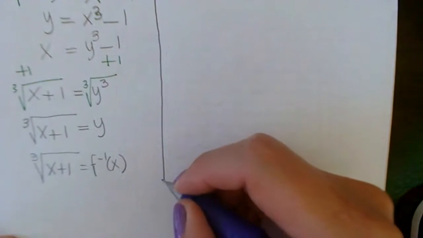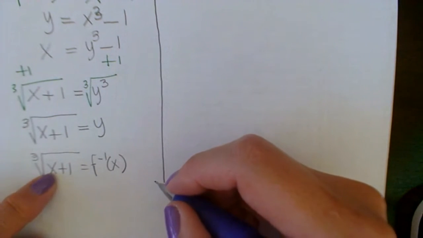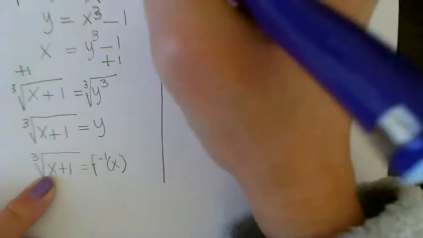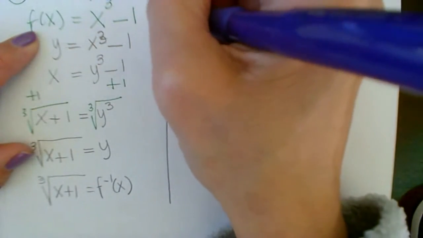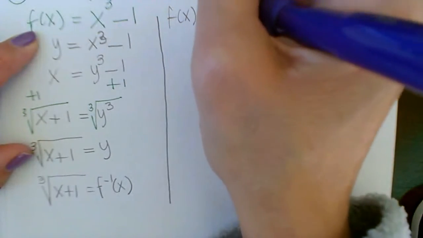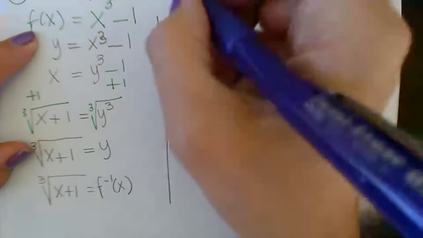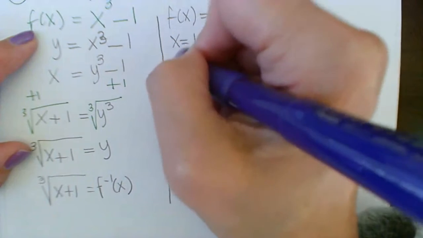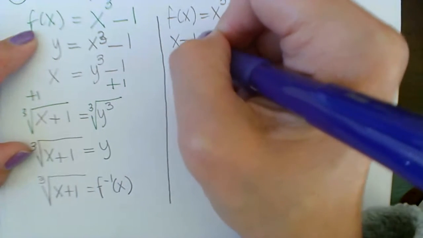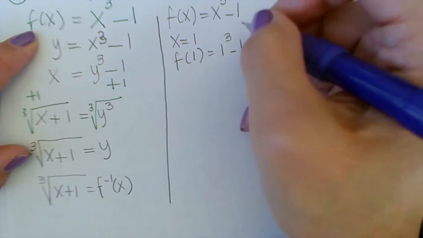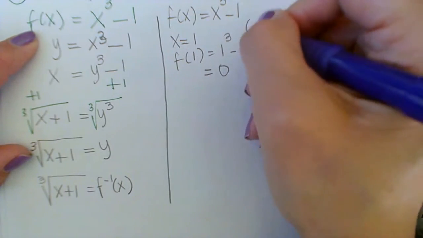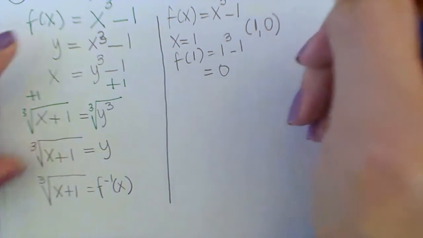All right, now we're going to check and see if this is really the inverse. But first we take the original, and let's say x is equal to 1. So f of 1, 1 to the third power minus 1, that's going to be 0. So it's 1 comma 0.